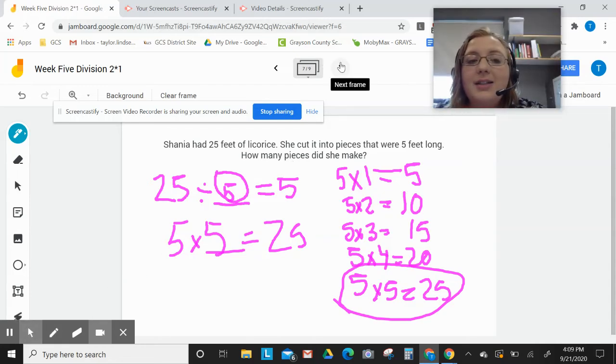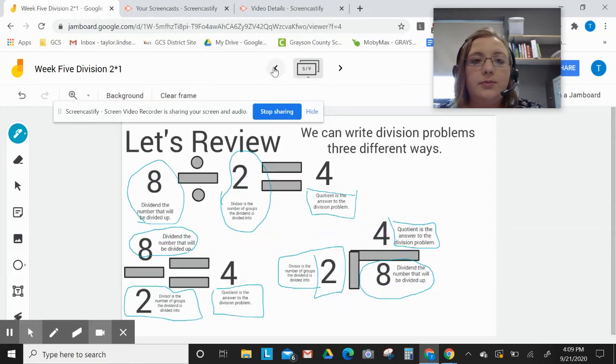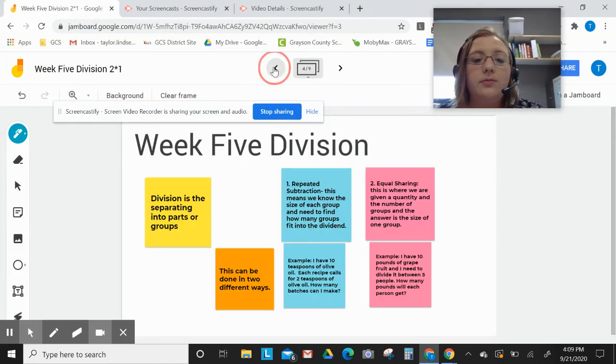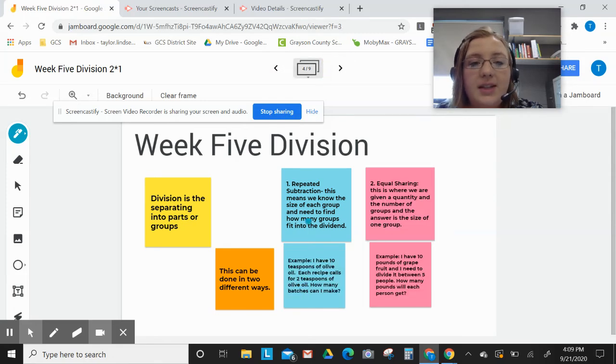All right. So because we were looking for the number of groups, let's go back and see what type of problem this was. This one says we need to know how many groups or the size of the group. Which one were you finding?